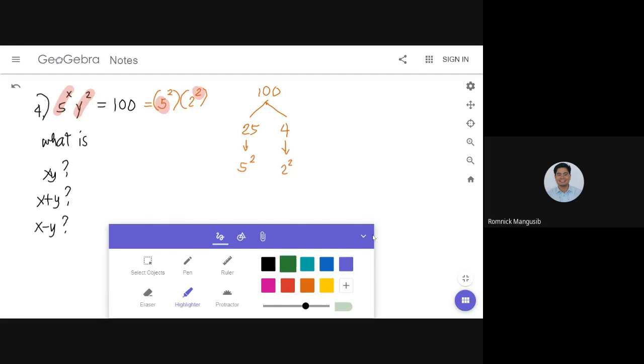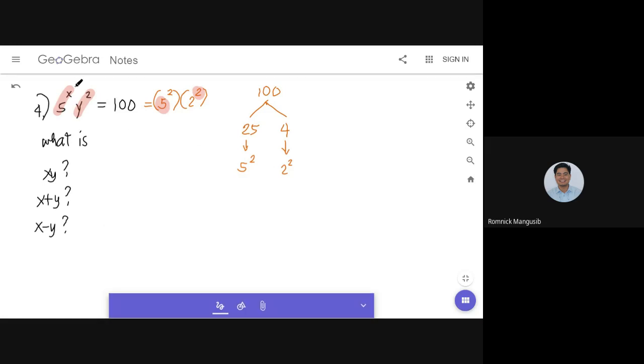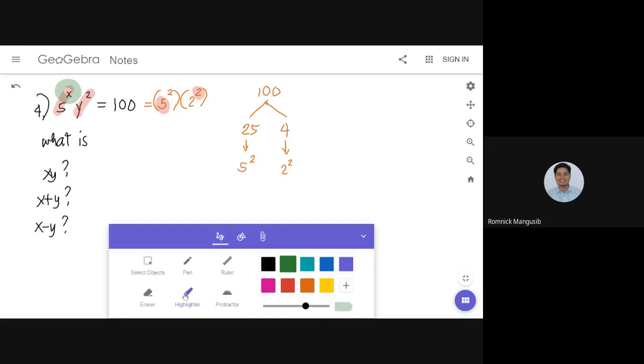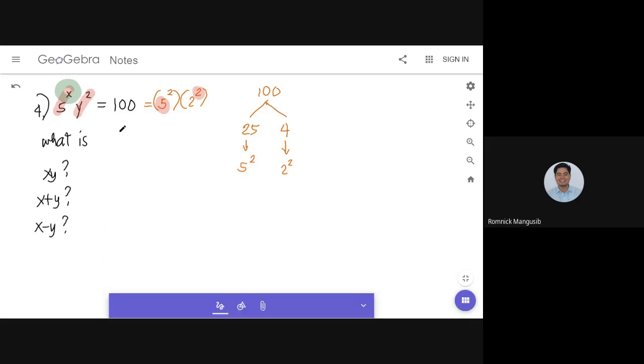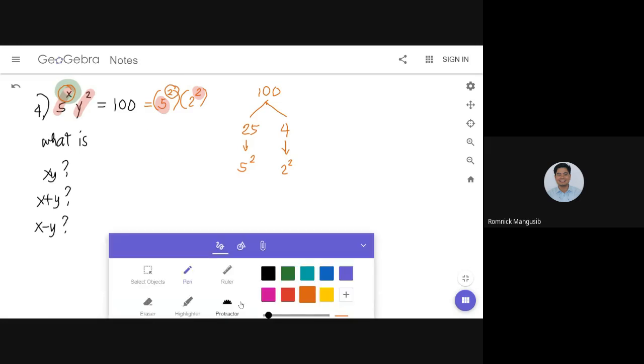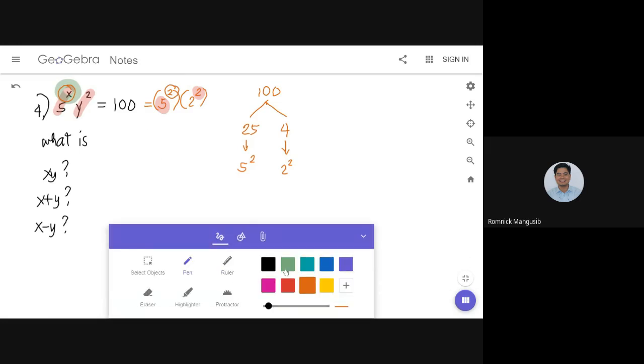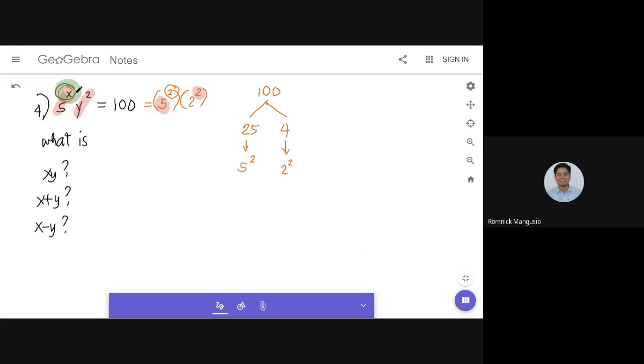And so, kapansin-pansin dito, class, that x here is equal to 2. X is 2. Diba? And y is also 2. Ganun yung partnership nila. Naggagayahan lang sila. Kinokopya lang nila ang isa't isa.